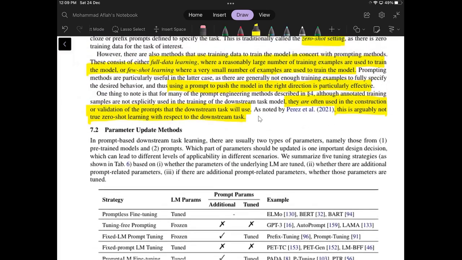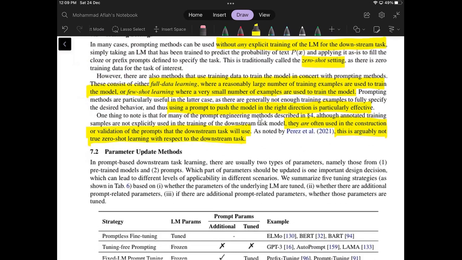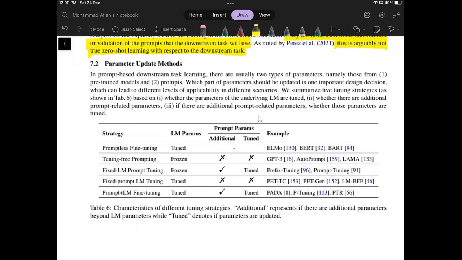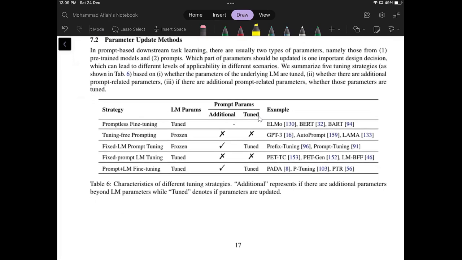Then you have parameter update methods. So far we were just seeing the training settings. In prompt-based downstream task learning, there are usually two types of parameters, namely those of the pre-trained model and those of the prompts. Which part of the parameters should be updated is one important design decision, which can lead to different levels of applicability. We summarize five tuning strategies based on whether the parameters of the underlying language model are tuned, whether there are additional prompt-related parameters, and if there are, whether those parameters are tuned.